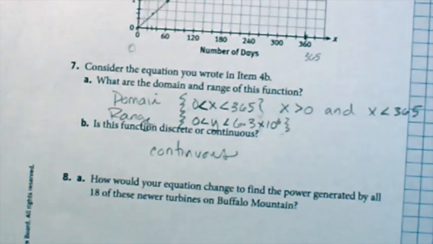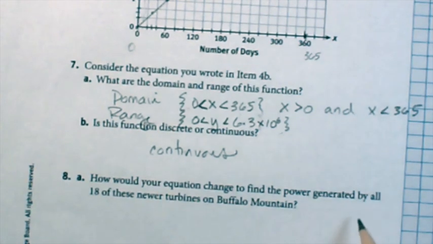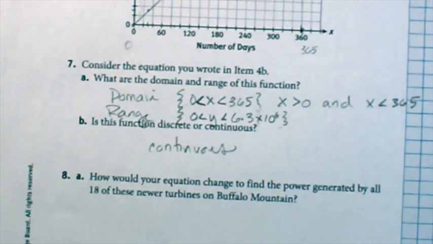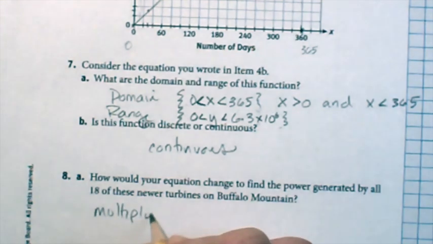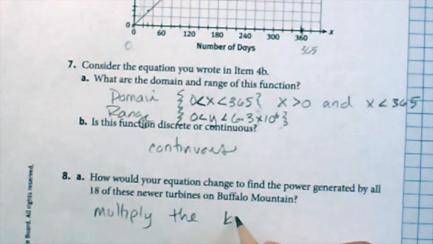And how would your equation change if the power is generated by all 18 of the newer turbines? Well, we would multiply our numbers by 18, right? The kilowatt by 18.